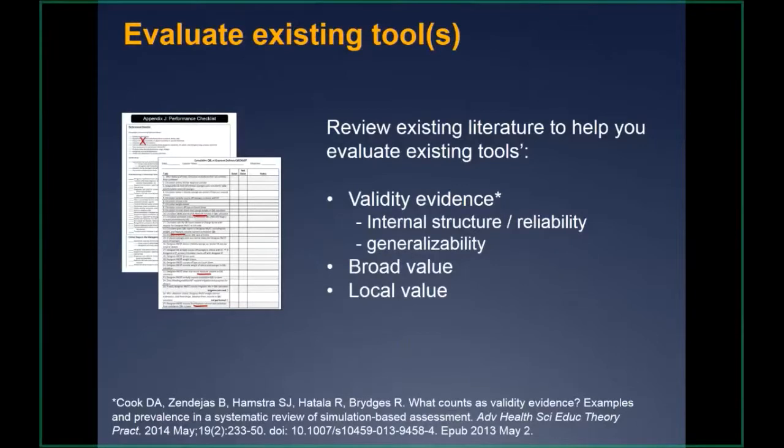Oftentimes it's called reliability, and also this issue of generalizability. We want to see the sample and the breadth of who they used this assessment on, and I would like to have some ability to judge the validity of this tool to make inferences from the way that I'm going to use it at my institution. That's why you're looking at those things.